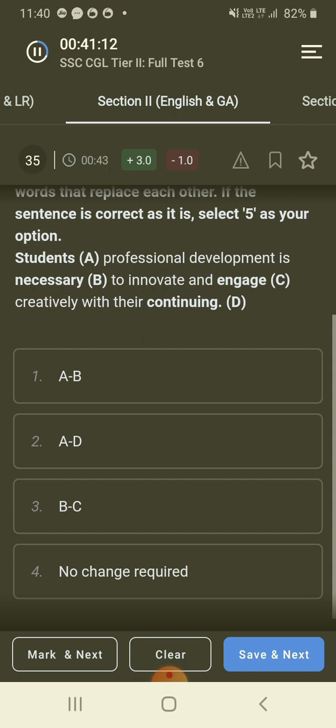Students' professional demand is necessary to innovate and engage creativity with their continuing.